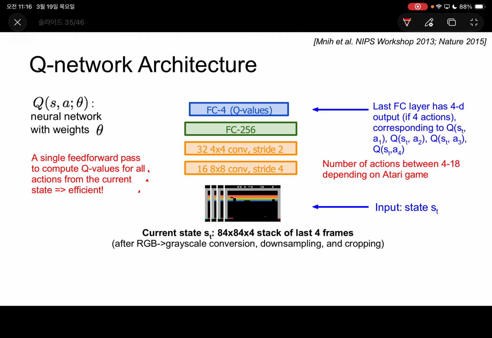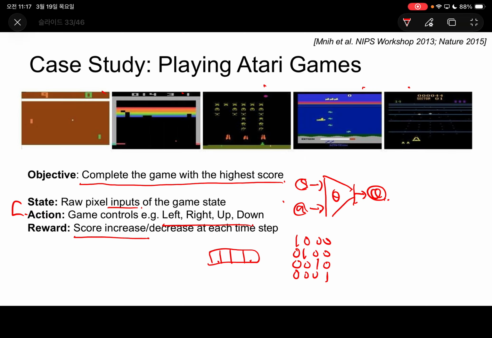We process this image, and then we have FC layers to produce the Q value function for all actions. So the last FC layer has a 4D output for 4 actions. It depends on your choice how you design the Q network, but one possible design is passing S and A as input and outputting the Q value function. That is one possible design.